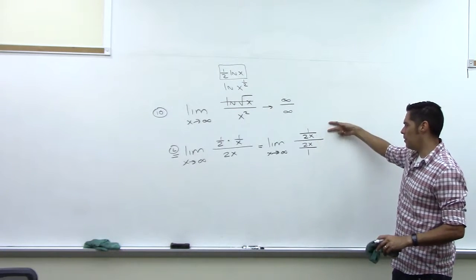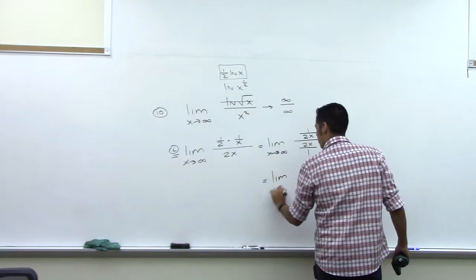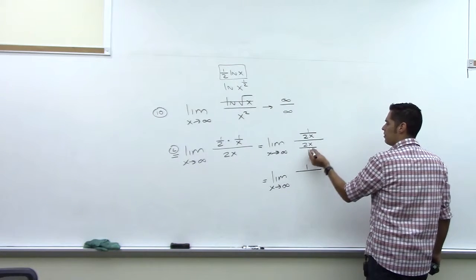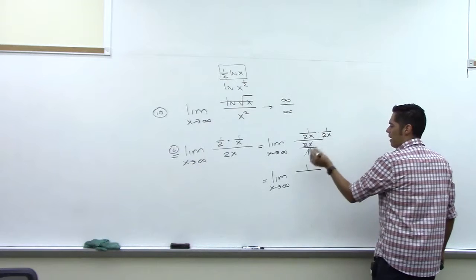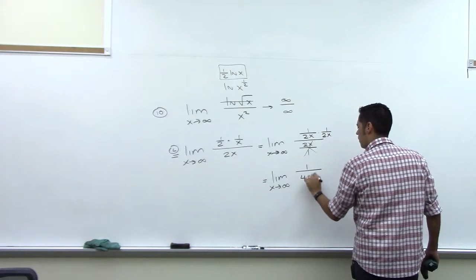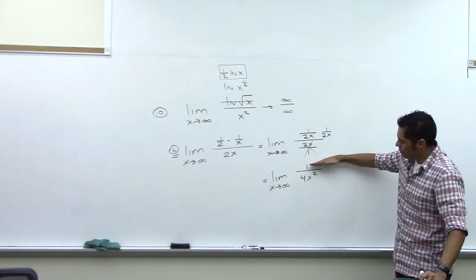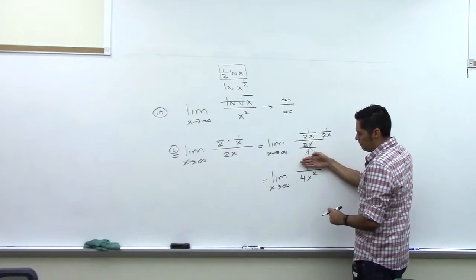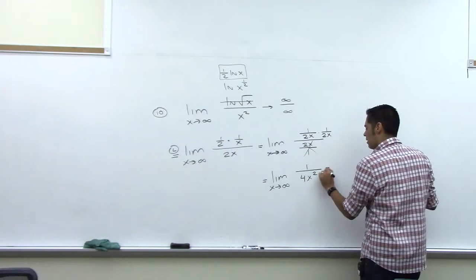And then I flip the reciprocal, so limit as x goes to infinity of 1 over 2x times 1 over 2x, which gives us 1 over 4x squared. And now if I let x go to infinity, I have a fixed number on top. The bottom is getting huge. So in a fraction, if the top doesn't move and the bottom gets big, the fraction gets small. This approaches 0.